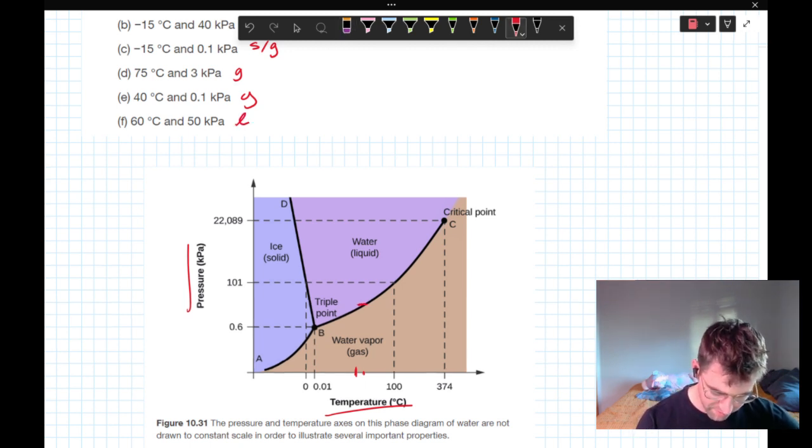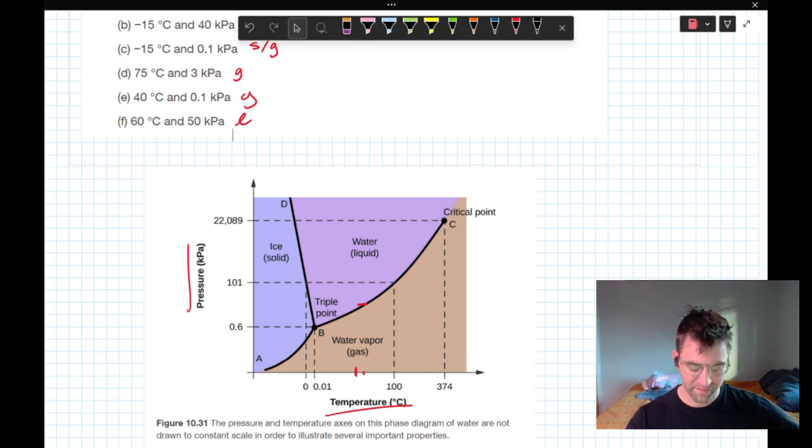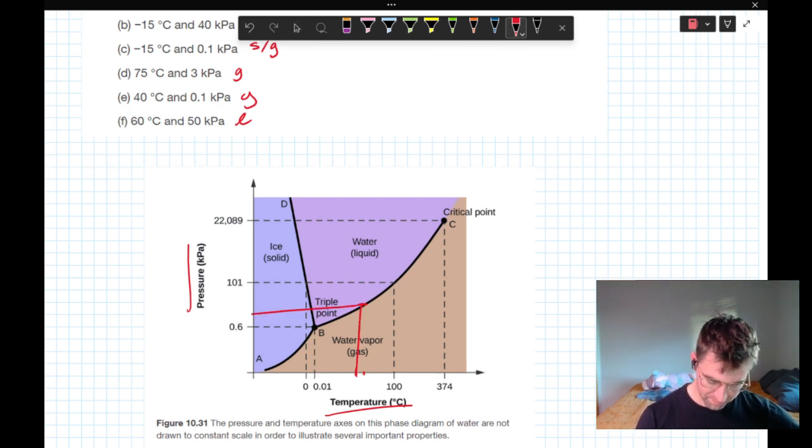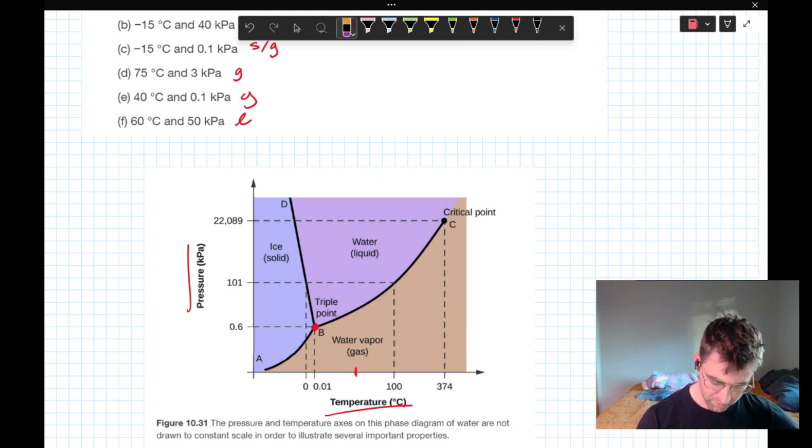I'm going to say liquid. So hopefully when you have to answer these questions, you have a phase diagram with a little bit more resolution than what I have right now, so that you can find those relationships. When you're at the triple point, that is when you have equal quantities of water cycling between solid, liquid, and gas simultaneously, which is kind of cool.